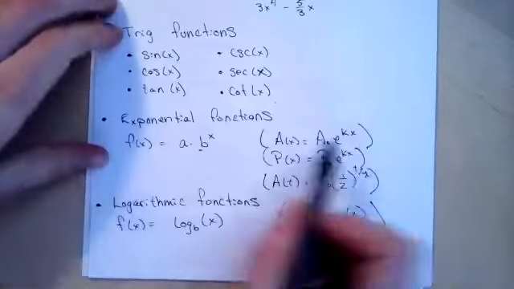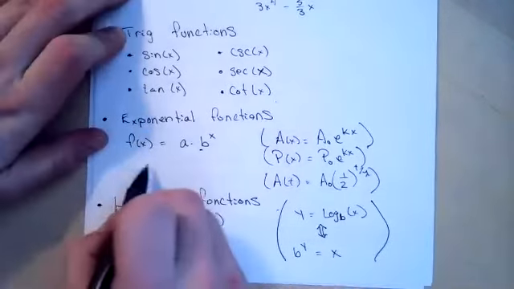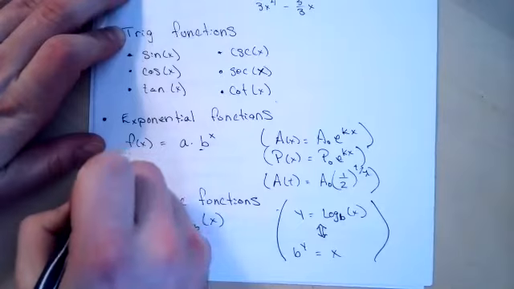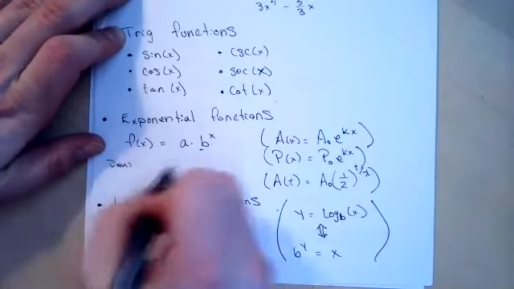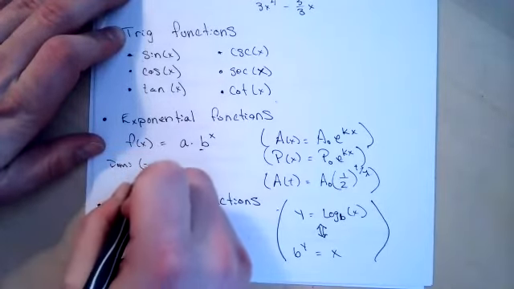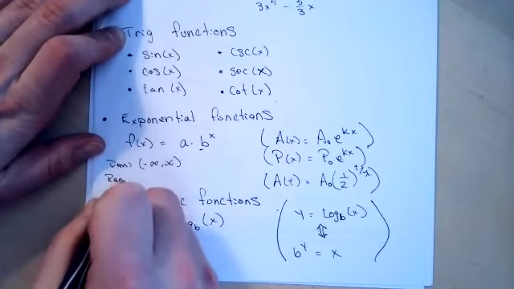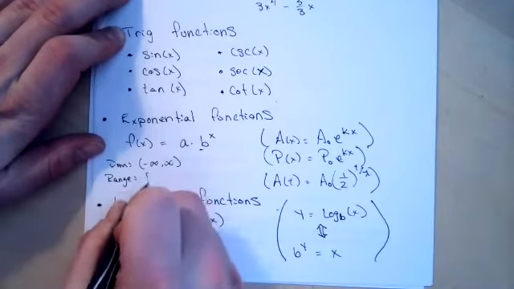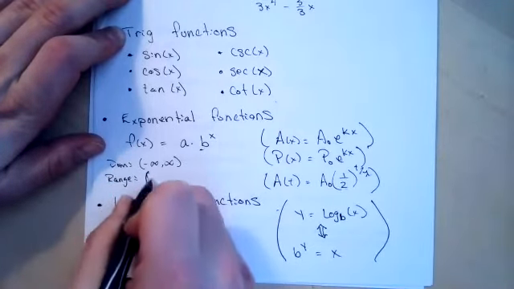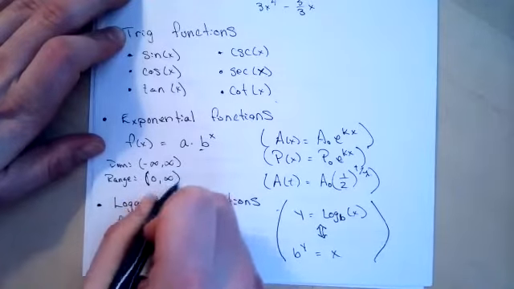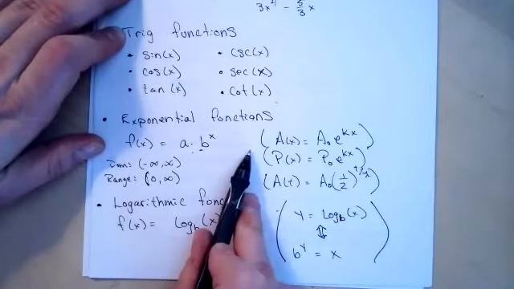Some of the key things I guess we should point out, since we have a little bit of time: the domain for exponential functions is -infinity to infinity, whereas the range is (0, infinity). So there's a horizontal asymptote at 0.